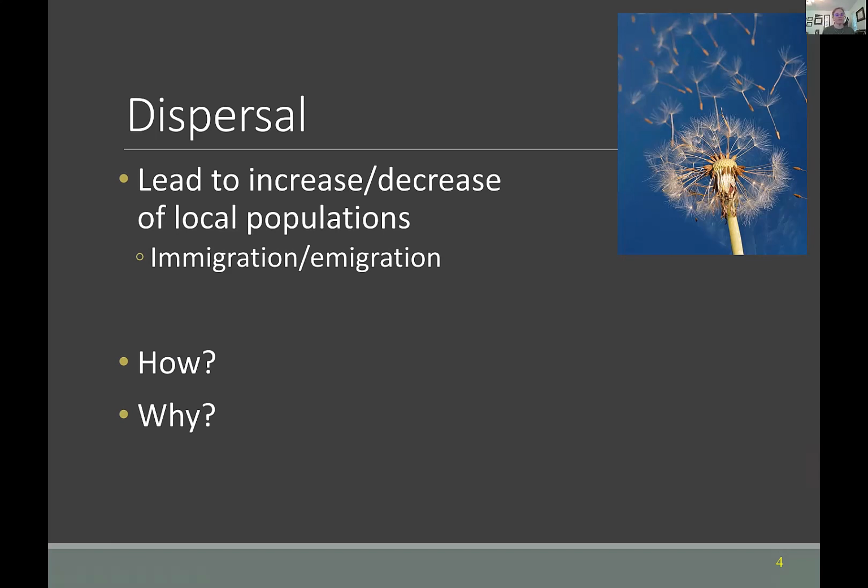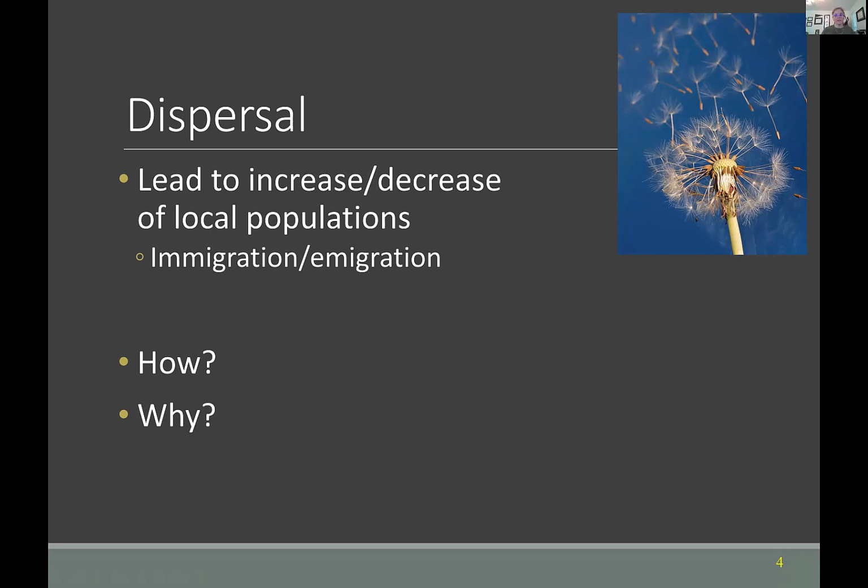So why do individuals disperse? They're looking for a mate. They're looking for food. In some really simple situations, air currents can pick up individuals and move those. So if we're talking about dispersal, we're talking about individuals coming into the population or leaving the population.